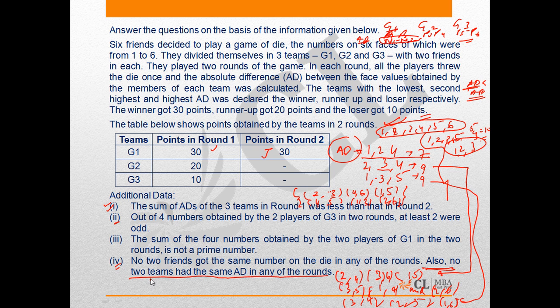So in round first, standing of G1 is 2, 3, and in second it will be 3 4 only.